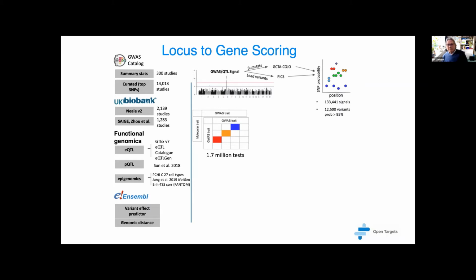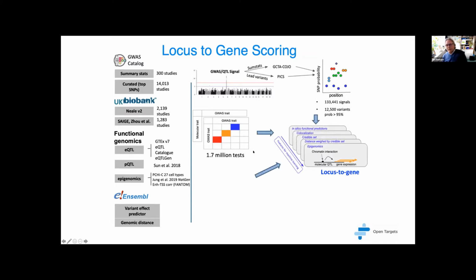At the same time, we took every GWAS trait and every molecular trait and performed an analysis that's called co-localization, where we looked to see if the two signals at each locus in the study suggest that the traits are related to each other. We then take all of that information and combine it, so we have a vector of features across all the different data sets that we have: the in silico predictions, the co-localization evidence, the credible set of SNPs, and all the epigenomics information.